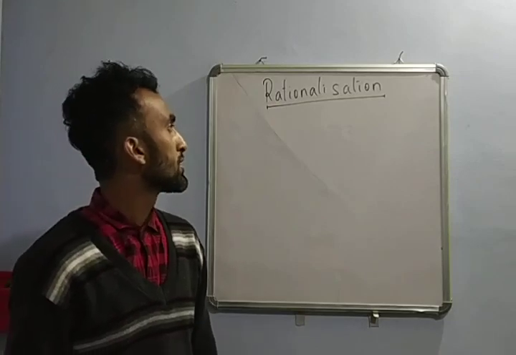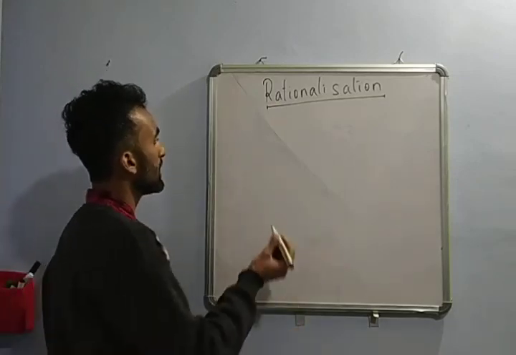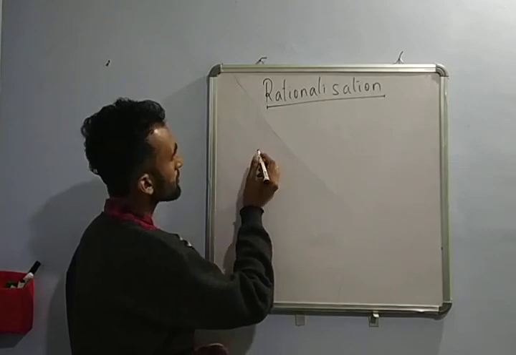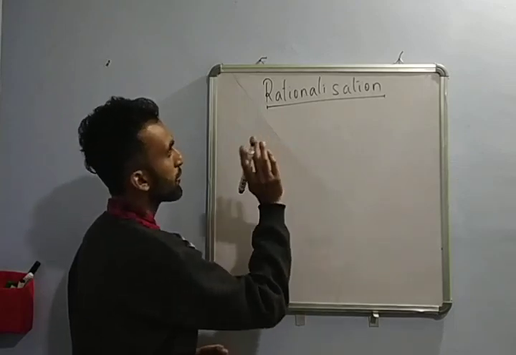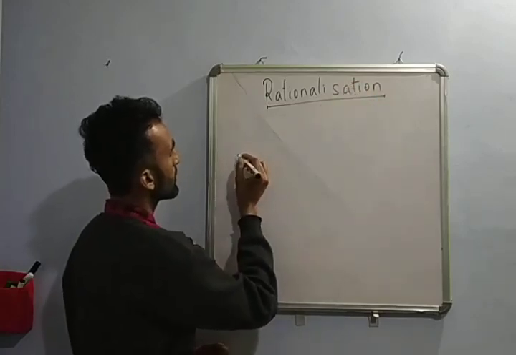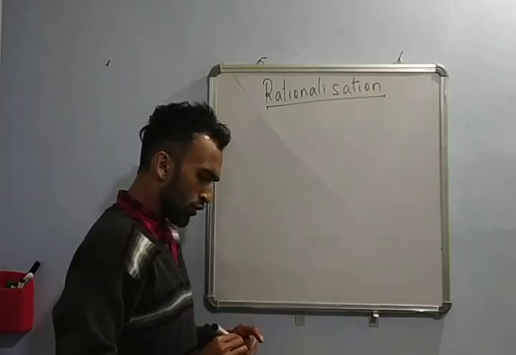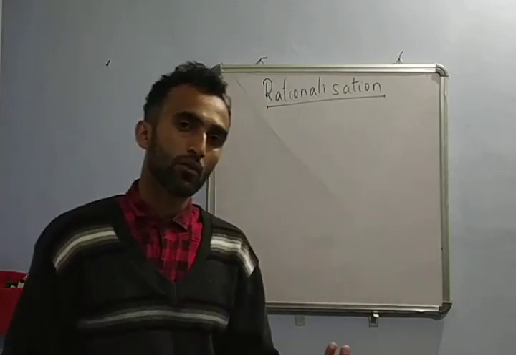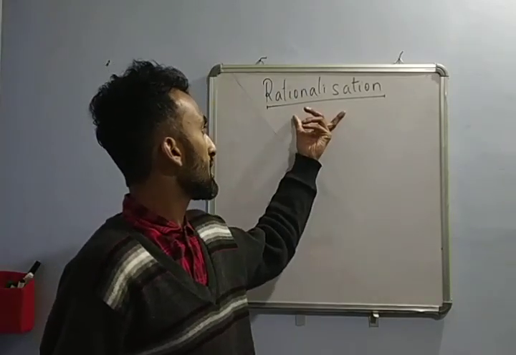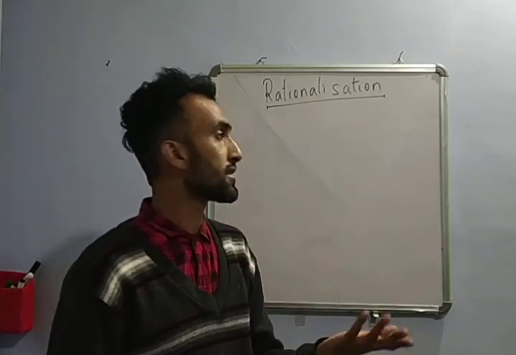Very simple. I'll give you one example. Just wait. Before that, let me explain one more thing. To rationalize anything, what is rationalize? Rationalize is the verb form, rationalization is the noun. Noun means the process.